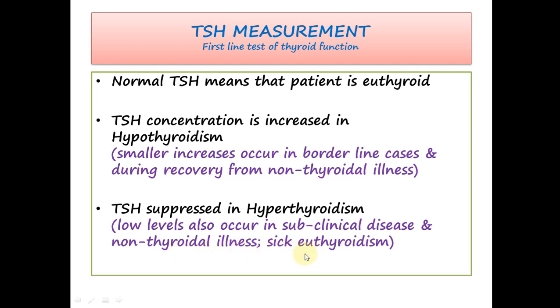The very important is the sick euthyroid syndrome that occurs because the problem is not in the thyroid gland but diseases that may affect the peripheral conversion of free T4 into T3, may affect the abnormal levels, and we will discuss euthyroidism next. Thank you very much.